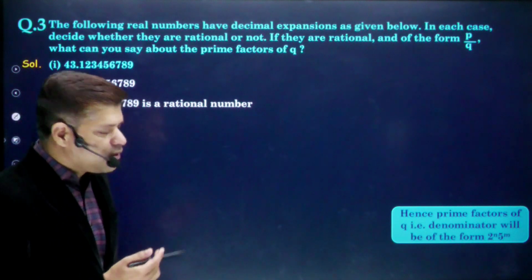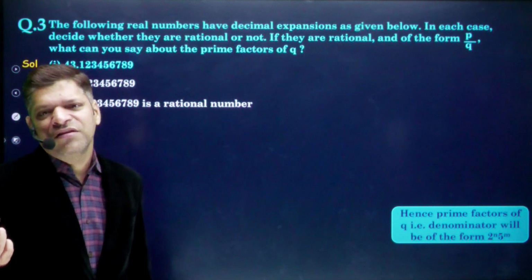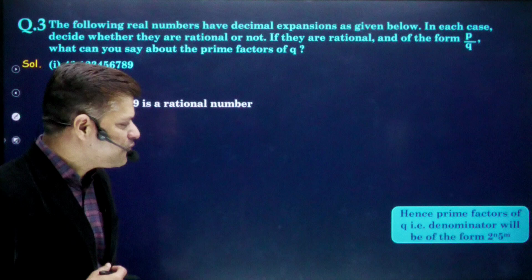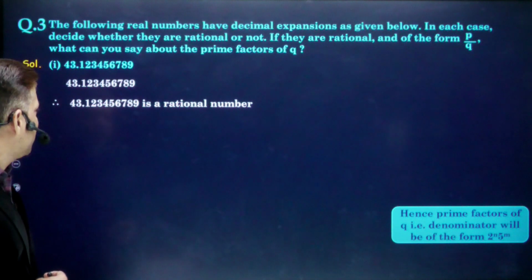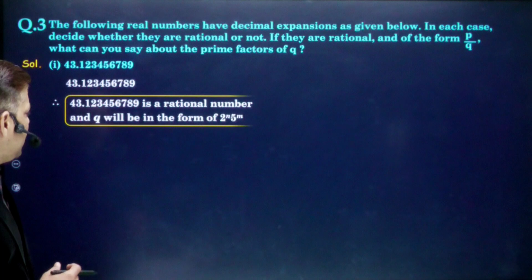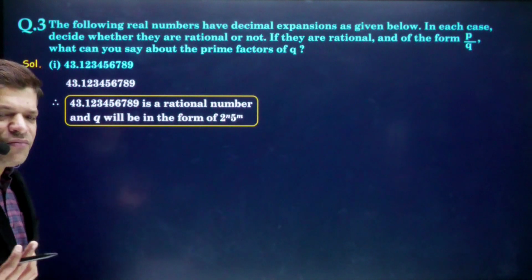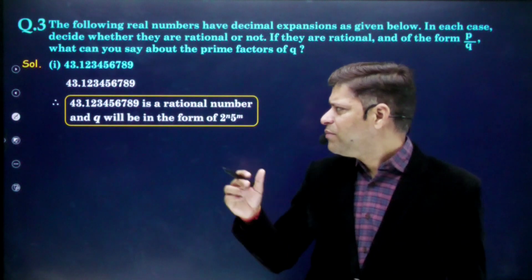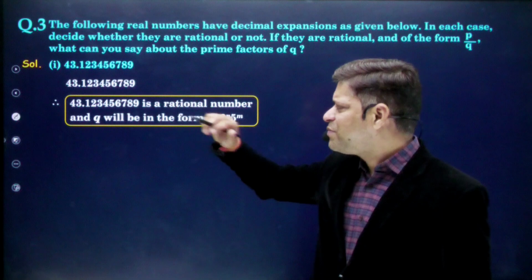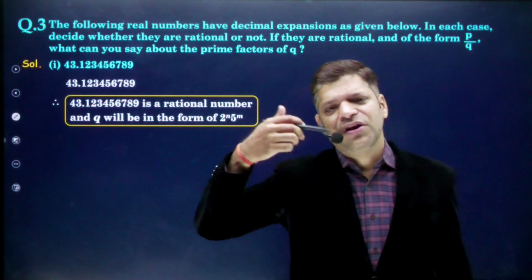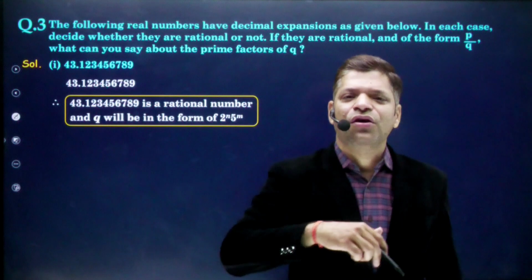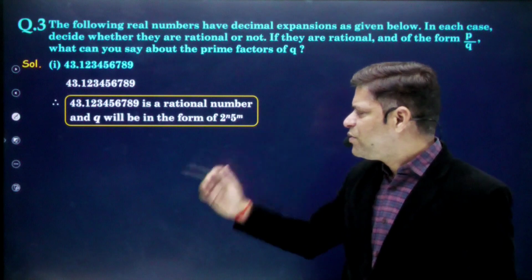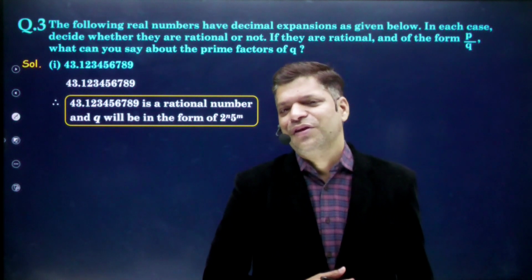Also we conclude that the prime factorization of q will be in the form of 2 raised to the power n into 5 raised to the power m. Why? Because this is a terminating decimal expansion. So first we conclude it is a rational number, and second, because it is terminating, the denominator will definitely be in the form of 2 raised to the power n, 5 raised to the power m.